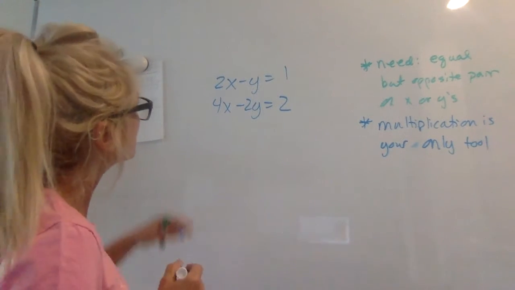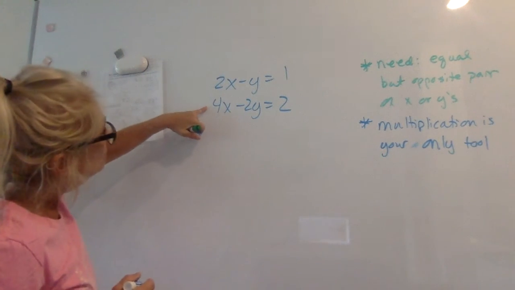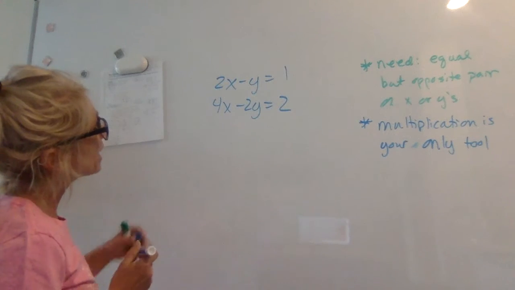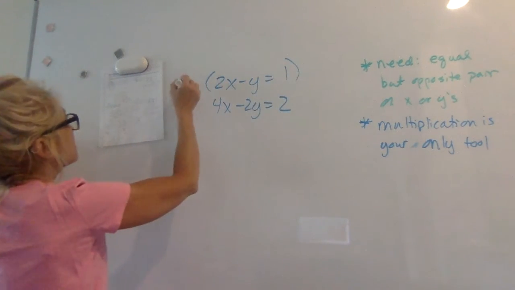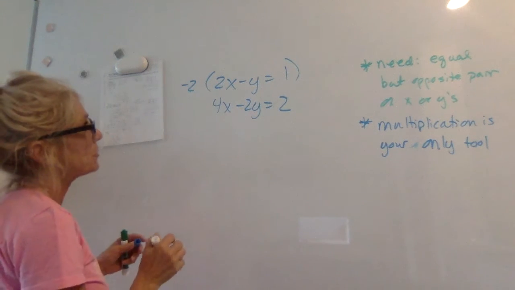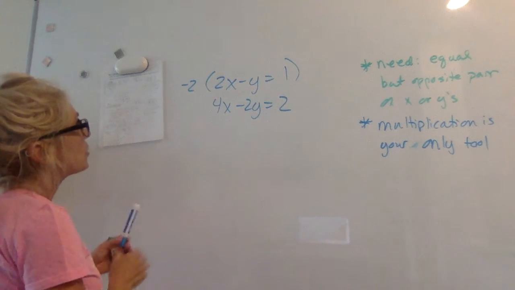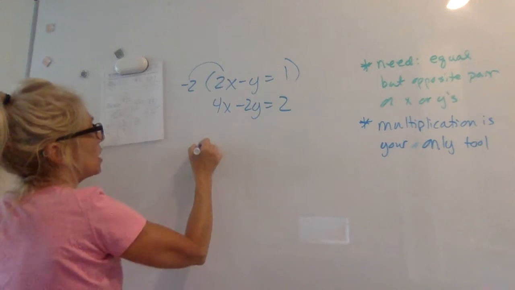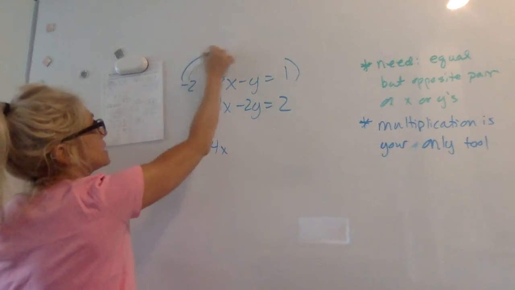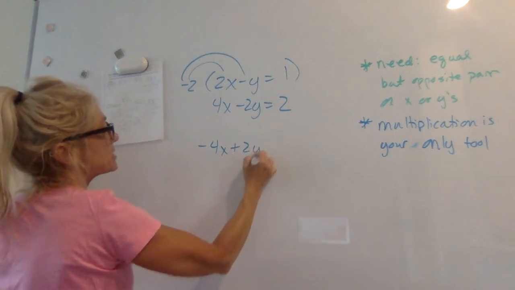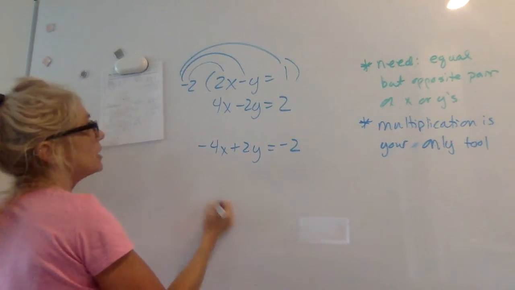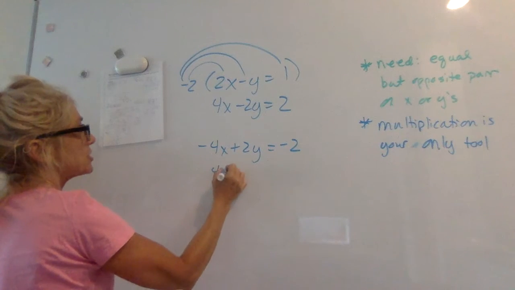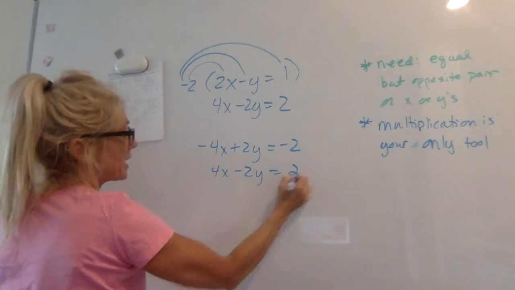And so in this case, I can get these two to equal each other by multiplying the top by a 2. But because I need them to be opposite, I'm actually going to multiply by a negative 2. So the top equation, when I distribute this, will become a negative 4x. The negatives cancel into a positive 2y. And then don't forget about that guy. I get equals negative 2. And then my bottom equation, I didn't do anything to, so it stays the same.